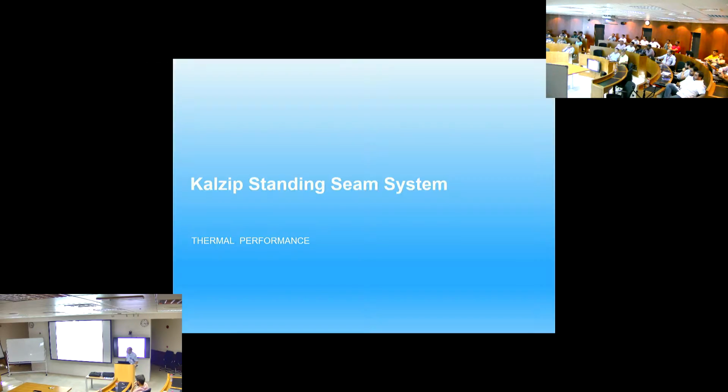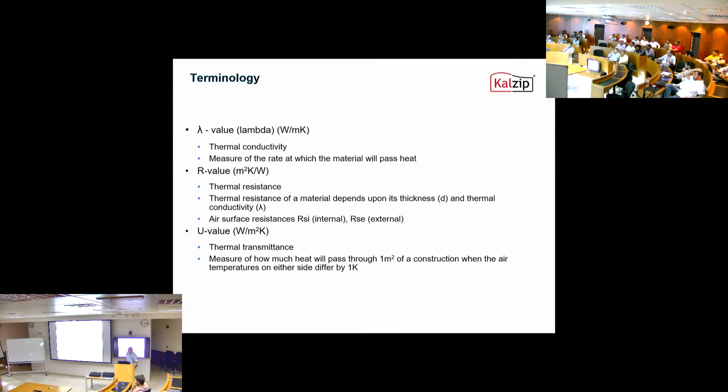So this is thermal performance, U-value performance for the Calzip system. This is the terminology. Lambda value is the thermal conductivity, and that's a measure of the rate at which a material will pass heat. R value is the thermal resistance.